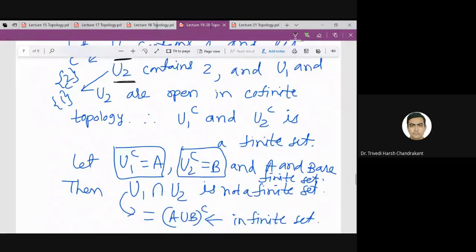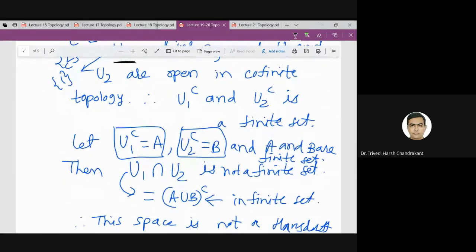U1 and U2 always contain infinitely many points, so there are infinitely many points in U1 intersect U2, whatever open sets U1 and U2 we take containing these two points.